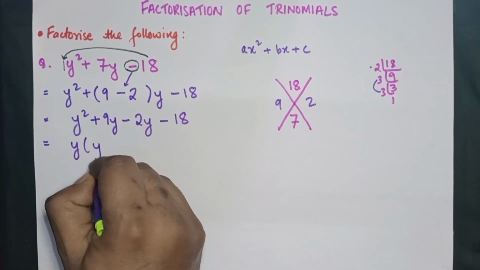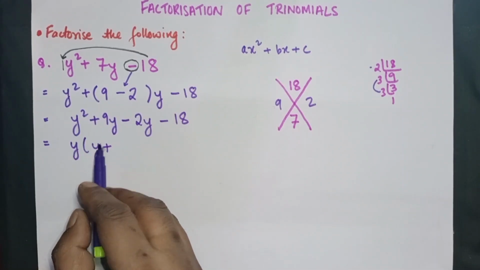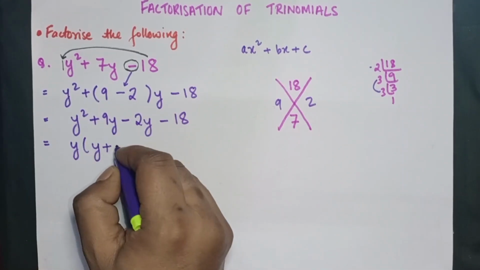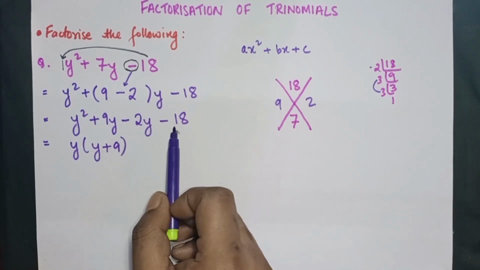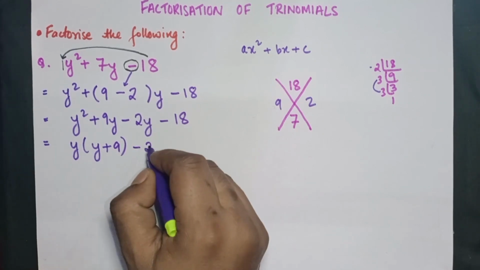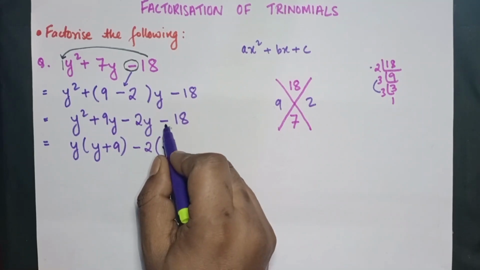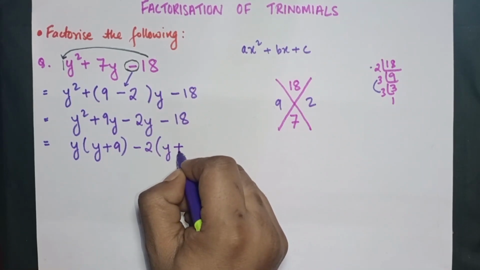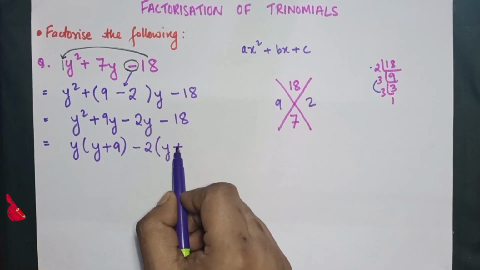What will be inside? y plus, because y 2 were there, 1 I have taken out, so 1 left. y already I have taken out, so what is left over there? 9. Now on this side, 2 9s are 18, so I can take minus 2 common. When I take minus 2 common, you think that you are dividing, so this will be y, and this minus will become plus. Already I have discussed this in my previous video.